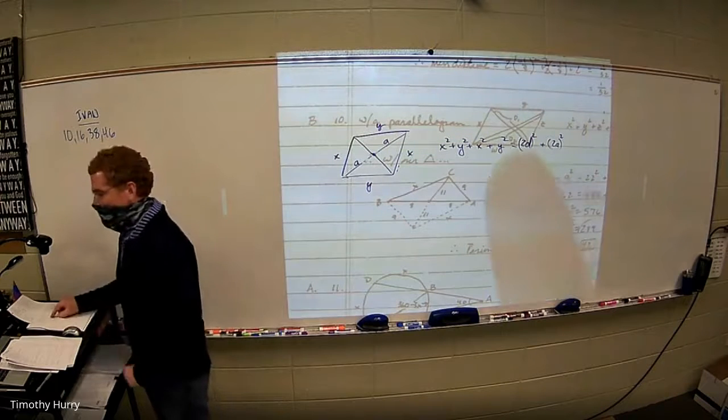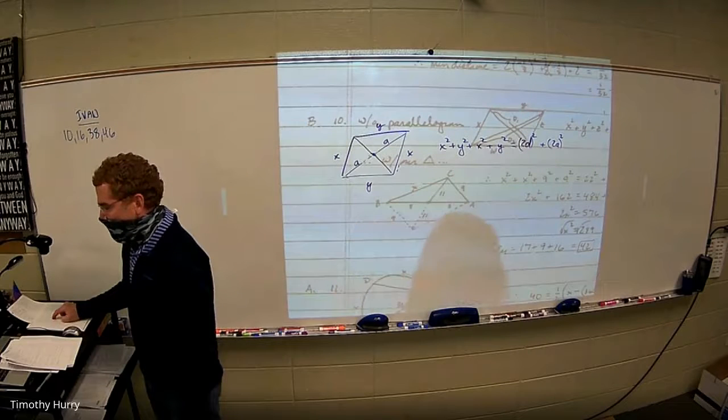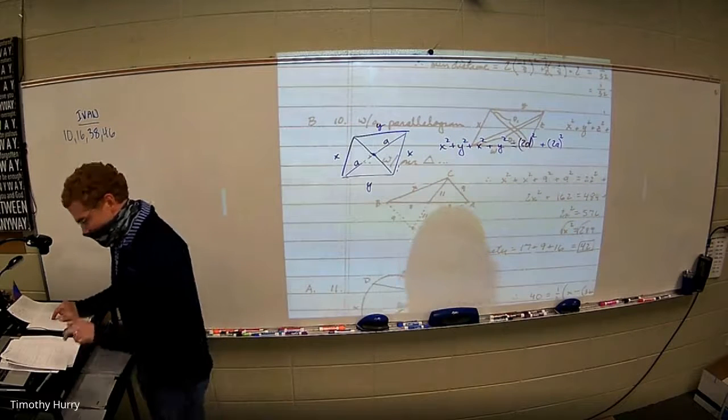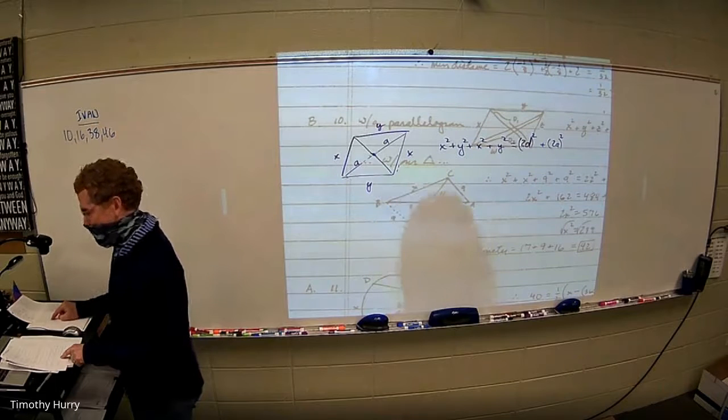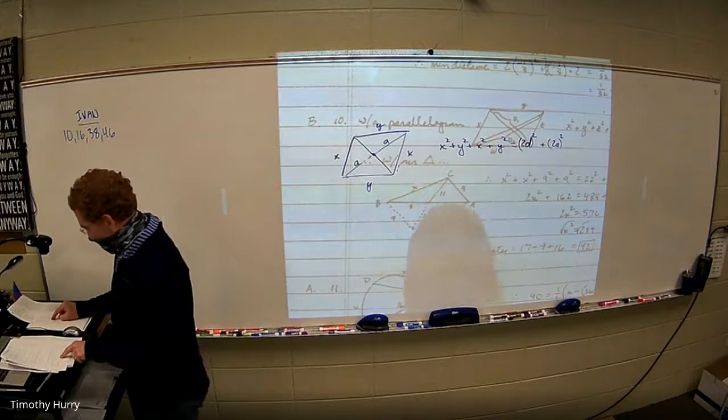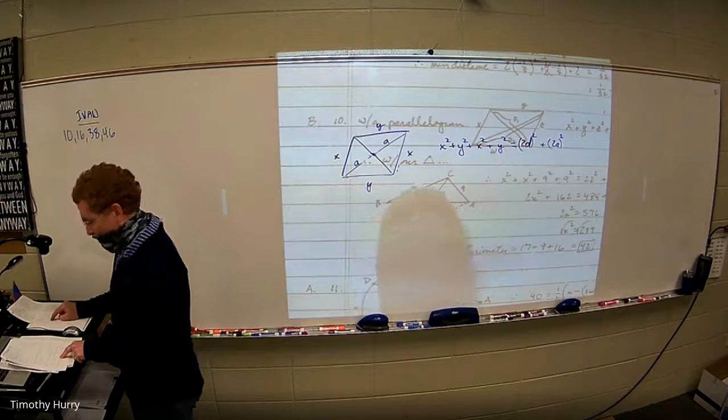So if this is my triangle right here on the bottom, AB is 16. That's all I know about it right now. I know that AC is 9, so I know that that's a 9. I do not know BC, so I put an X in there.